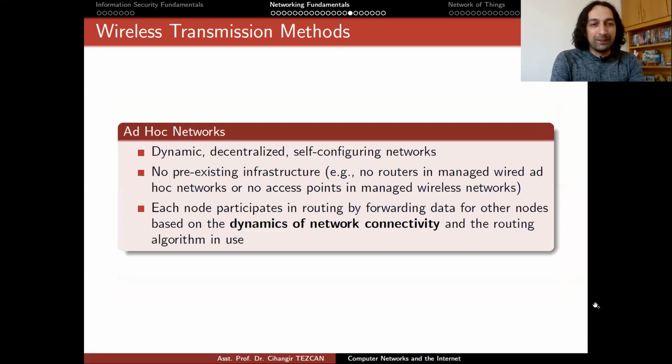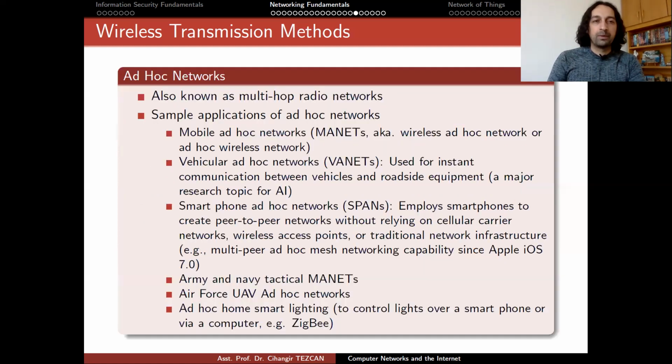Okay, let's move on to ad hoc networks. These are dynamic, decentralized, self-configuring networks with no pre-existing infrastructure, for example, no routers in managed wired ad hoc networks or no access points in managed wireless networks. Each node participates in routing by forwarding data for other nodes based on the dynamics of network connectivity and the routing algorithm in use.